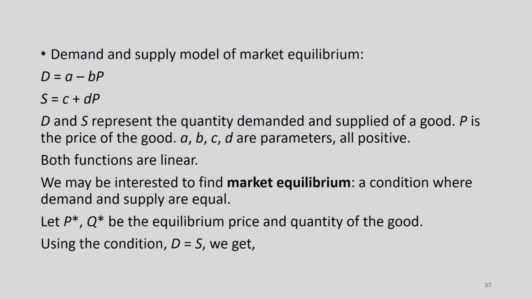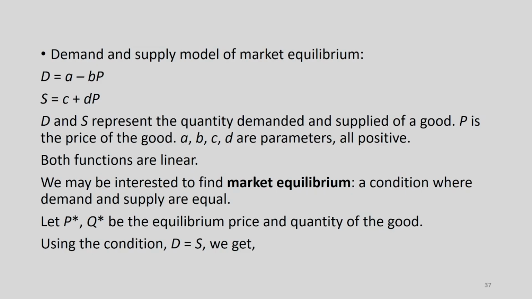Capital D and capital S are the quantity demanded and quantity supplied respectively of a particular good. So, capital D is the quantity that people are demanding of a particular good, and S is the quantity that is being supplied of that good. Capital P is the price of the good.